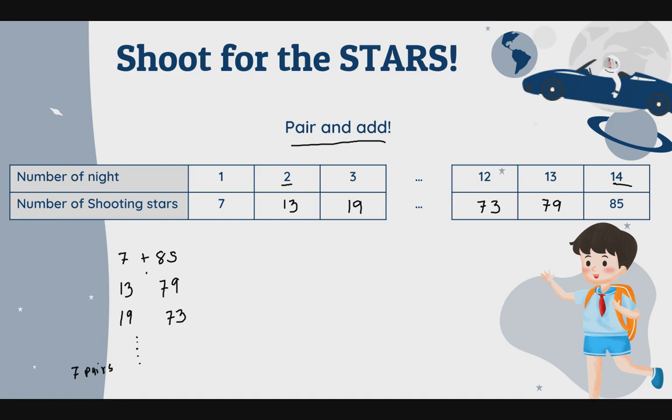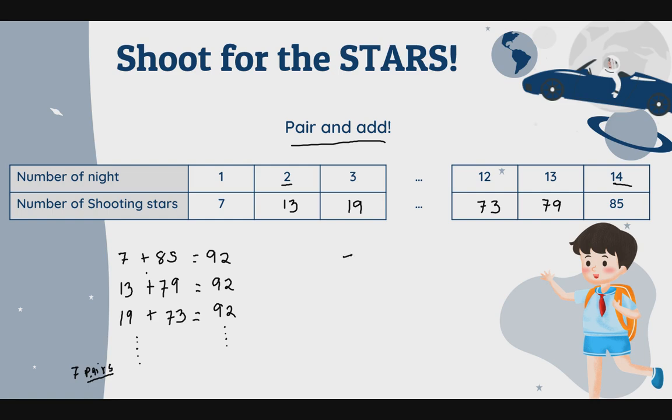So let's add each pair that we have here. 7 plus 85 is 92, and 13 plus 79 is also 92. 19 plus 73 is also 92. So if we have 7 pairs, then how many 92s do we have?